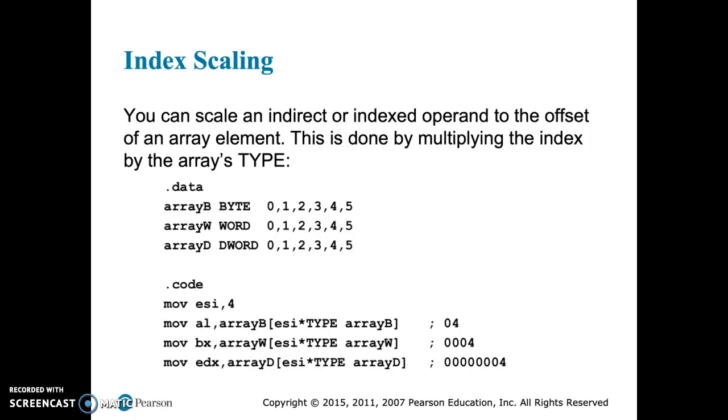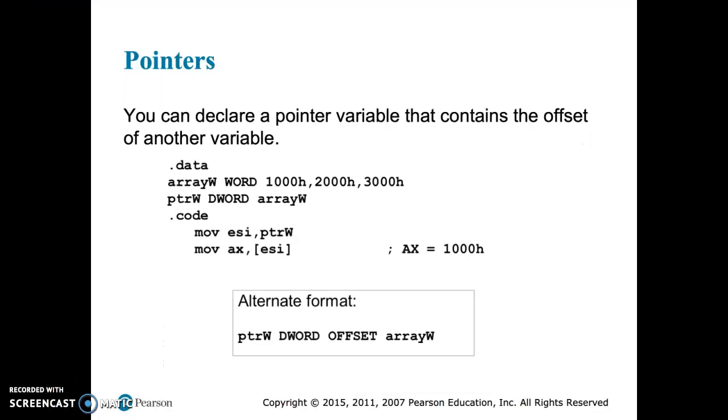So the offset can be an indexed value of 0, 1, 2, 3. We multiply it times the type. For a byte, it's 1. For a word, it's 2. For a DWORD, it's 4, etc., etc. So it just enables us to have code that looks more consistent regardless of the memory allocation for the different labels.